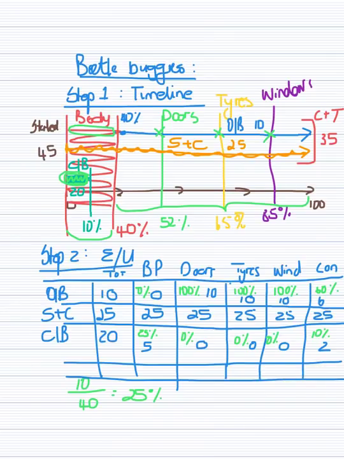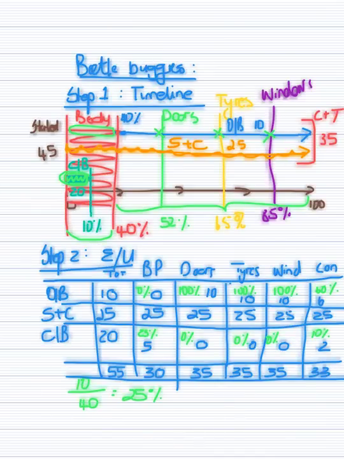So I can now say in total I have worked on 55 cars. I added body parts to 30, I added doors to 35, I added tires to 35 cars, windows to 35, and I have converted 33 cars.